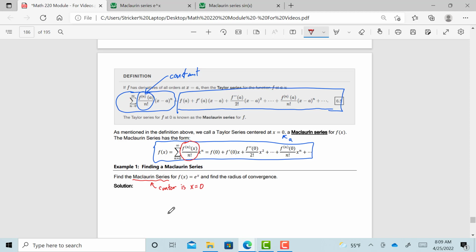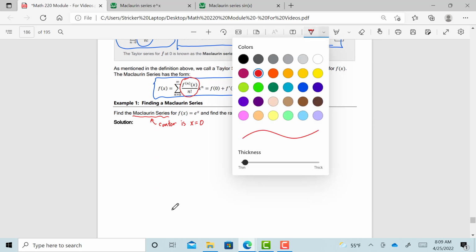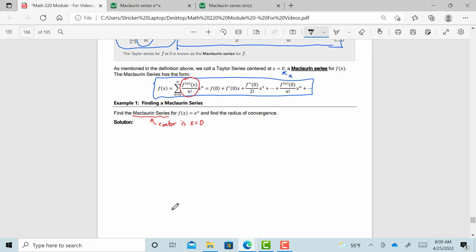And so what I generally always like to do is set up a table to help us organize what's going on. We can go ahead and make a table. The first column will be n, and then the next column will be the nth derivative.